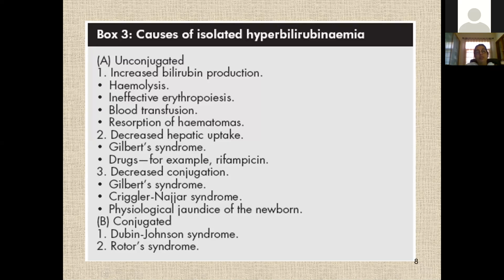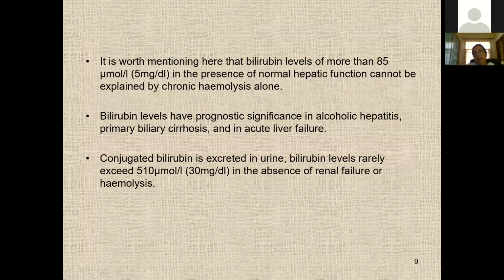So it is worth mentioning here that bilirubin levels of more than 5 milligram per deciliter in the presence of normal hepatic function cannot be explained solely by chronic hemolysis alone. So if the patient has a bilirubin level of more than 5, we need to have some sort of liver dysfunction as well. Bilirubin levels have prognostic significance in alcoholic hepatitis, primary biliary cirrhosis, and acute liver failure.